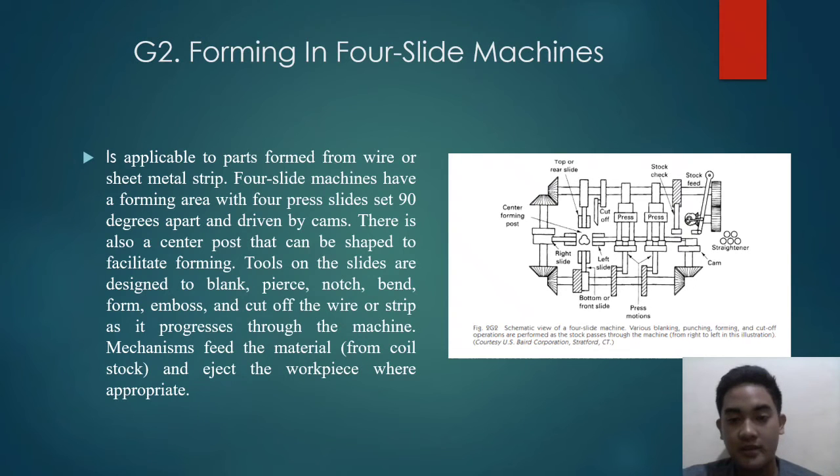This is an example. This is a punch and die. This is a tool. This is a die. This is a material.